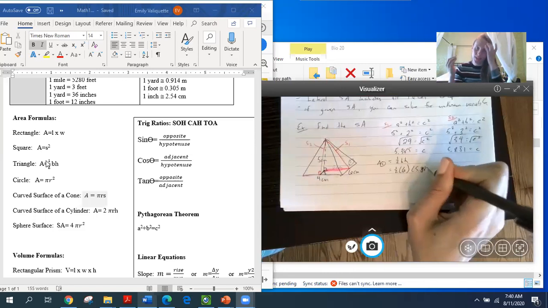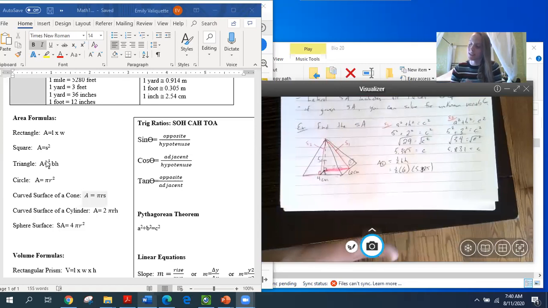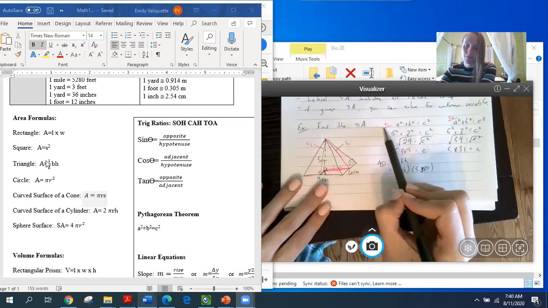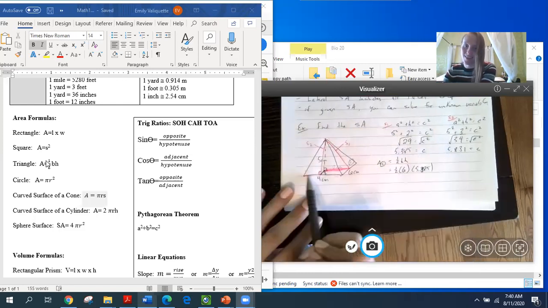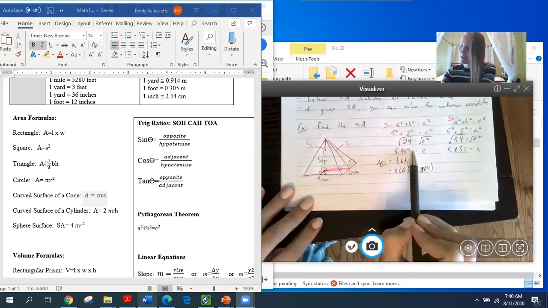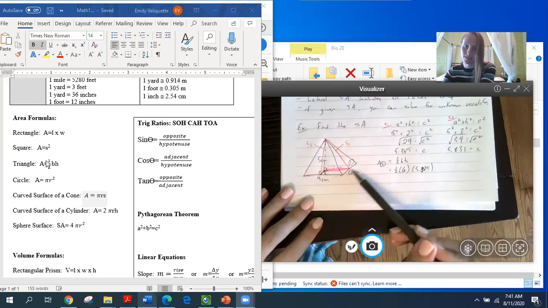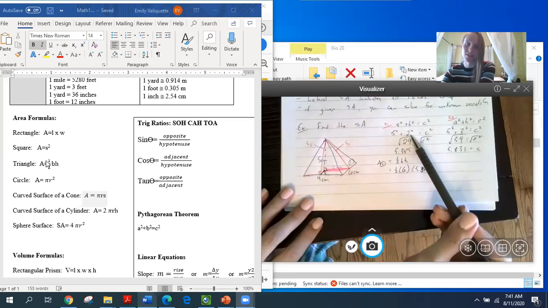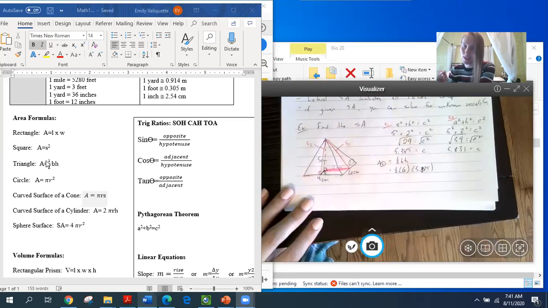Now, this is where people often get confused because you may have noticed when I actually calculated my slant height number 1, I used half of this base. But that slant height, once I'm actually finding the area, goes with this base. So the base that you use half of to calculate your slant height is not the base you use with that slant height once you're calculating the area.